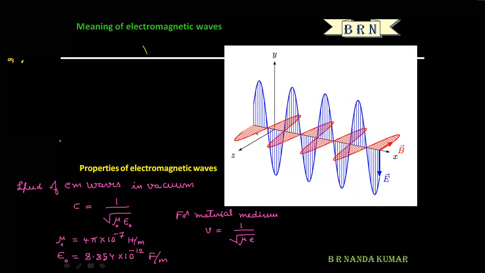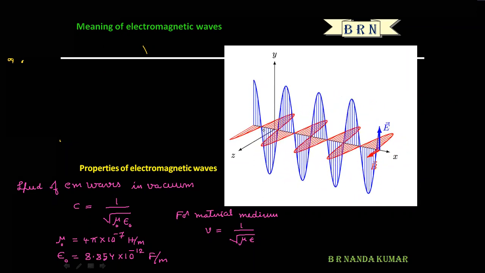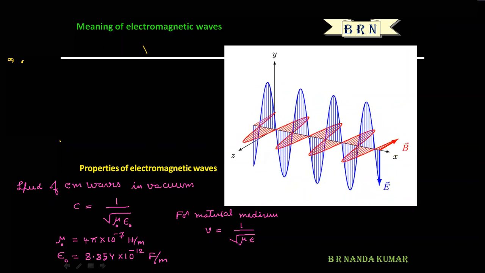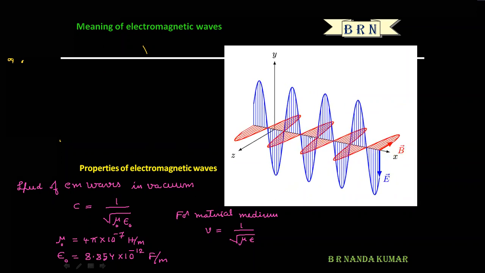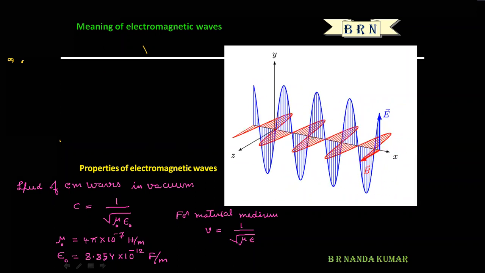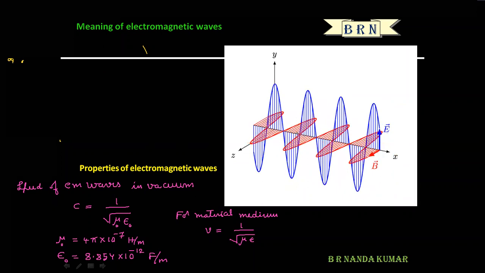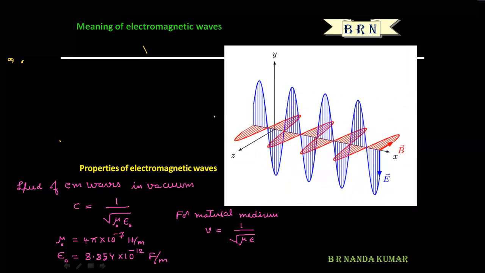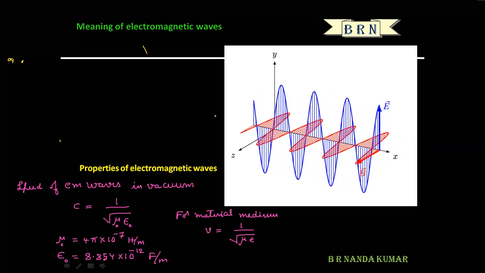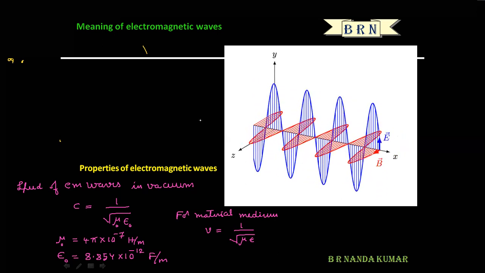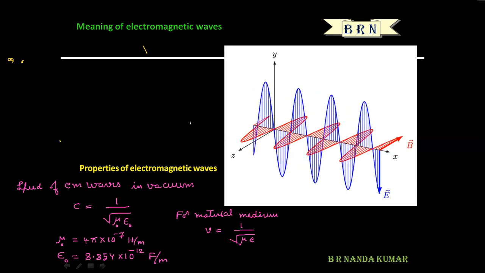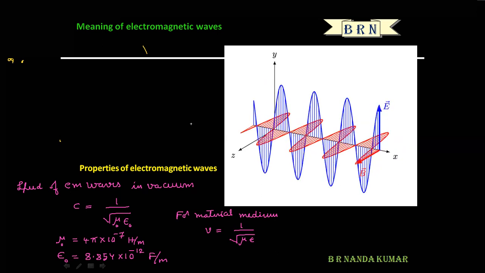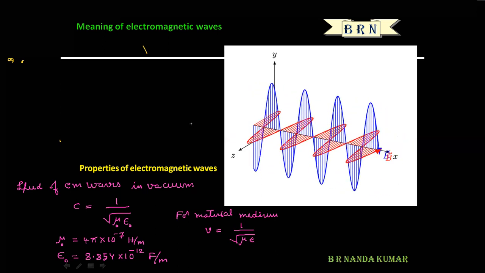So what happens when an electromagnetic wave strikes a surface? A pressure is exerted on the surface.